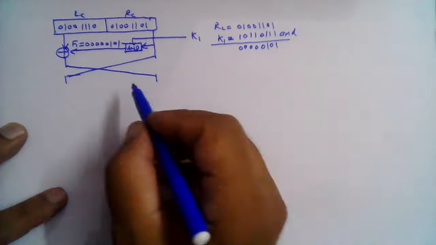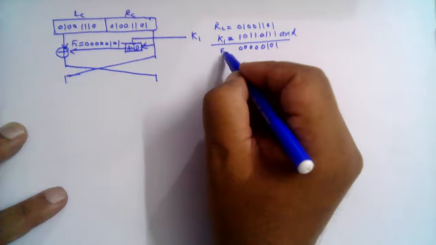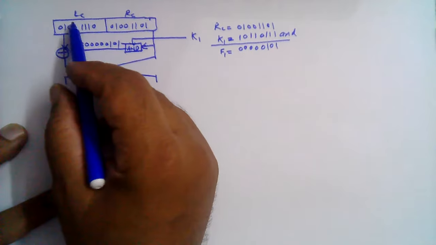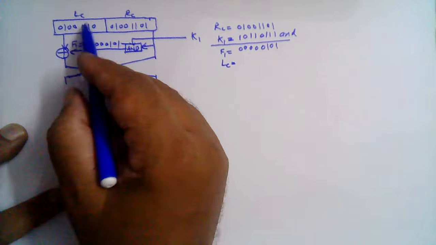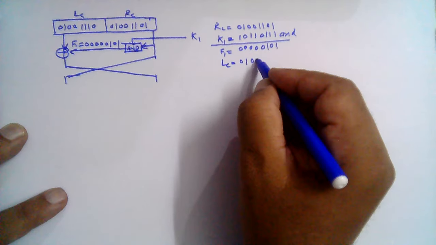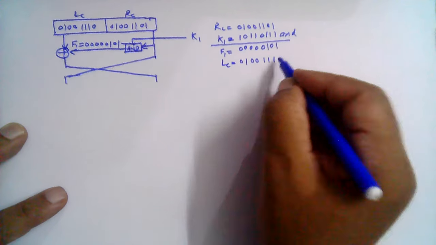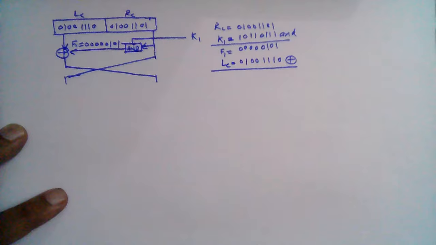And this is to be XORed. So this is F1 here, and this is to be XORed with LC. LC, the left half of the ciphertext, is 0100 and 1110, and this is an XOR operation.